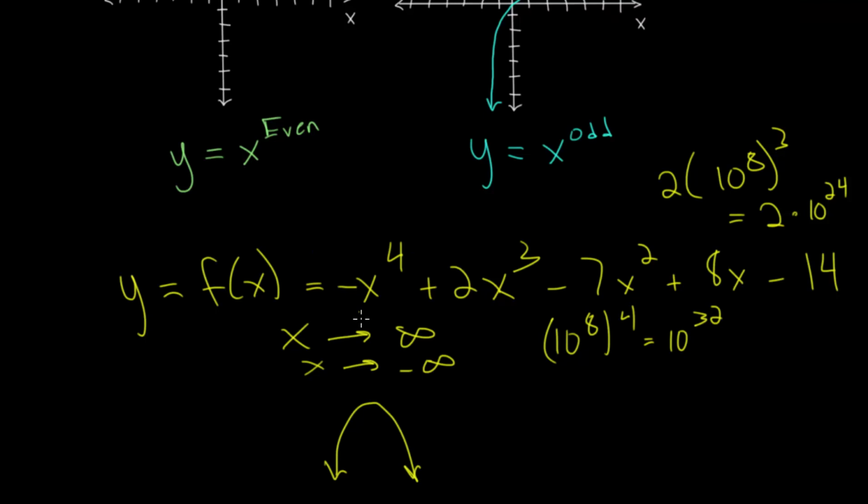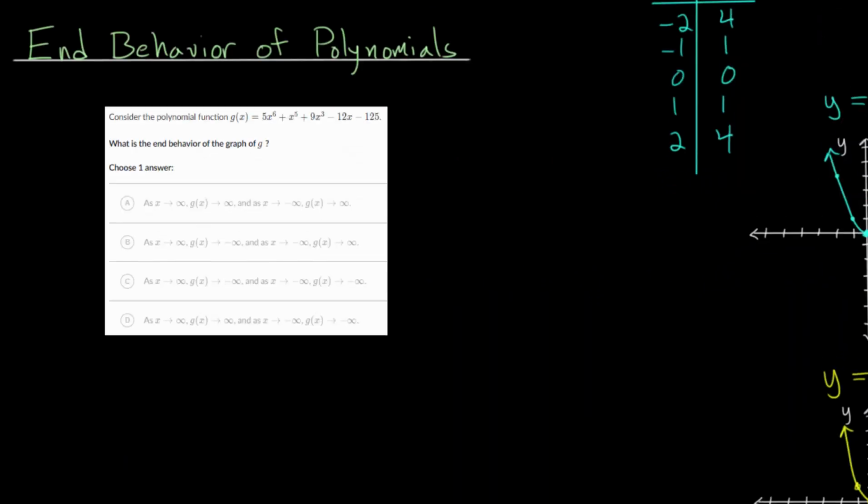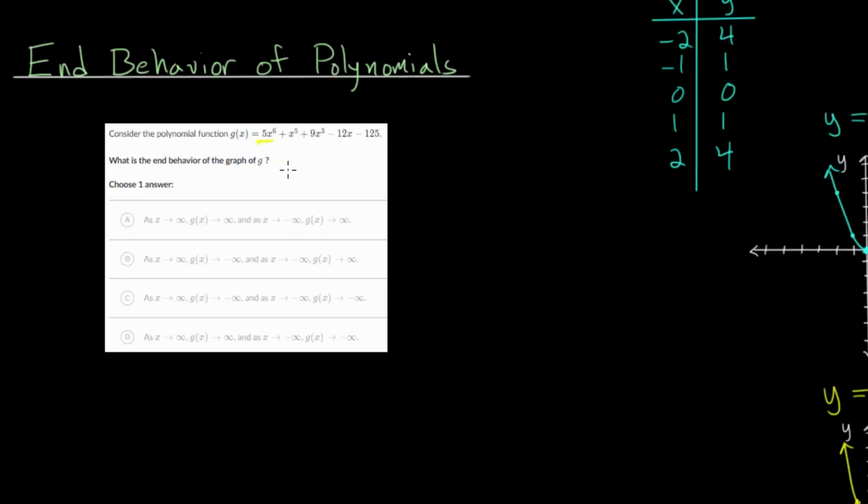Putting a negative here essentially makes the y values negative when you plug in whatever your x value is. So to go back to our original questions here, we mostly just need to look at this highest power of x and determine what the parent function for, let's say, x to the sixth looks like. And that's generally what this graph is going to look like.